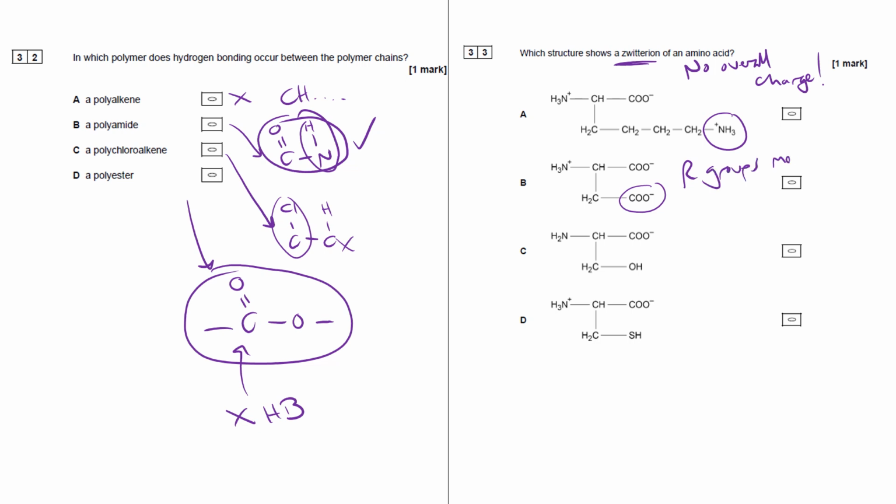R groups mean it's not neutral. So it has to be C or D. It's not C because there's no charge there, it's negative overall. But D is the correct answer because you have a positive NH3 and a negative CO-. That's your Zwitter ion.